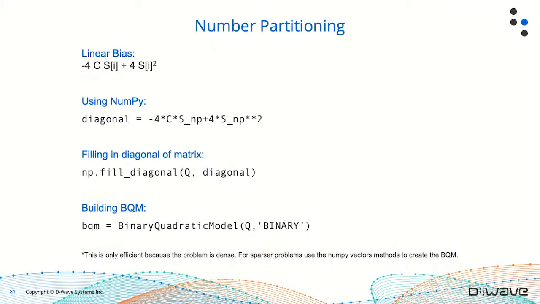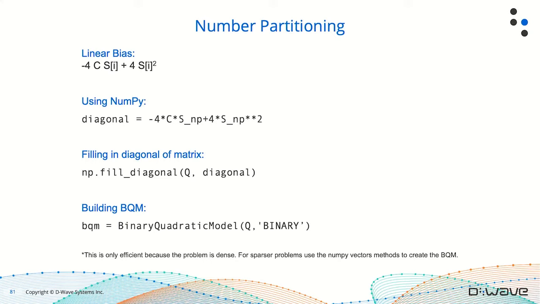Now for the linear bias, we had a coefficient of -4c times SI plus 4 SI squared. Now, again, we can just use our one-dimensional vector of S. And if we use NumPy to build up a vector for that diagonal, all of these entries that we want on the diagonal, I can just do -4 times C times my one-dimensional vector S. So then everything in there is going to be multiplied by -4 times C. I'm broadcasting that across the whole vector.